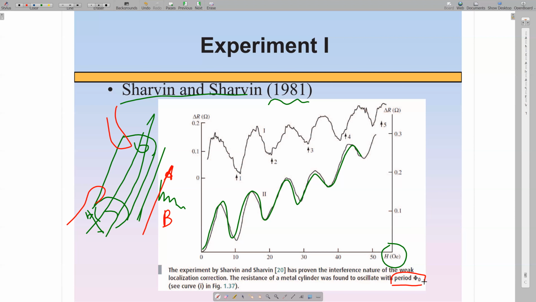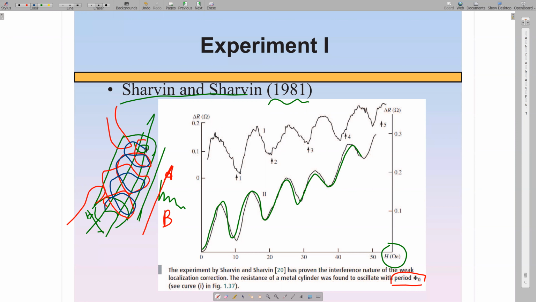There's no extra device which averages the setup over the phases, but the fact that the sample is long and there are many possible trajectories which can go around the hole where magnetic field is present, that is self-averaging over these trajectories.